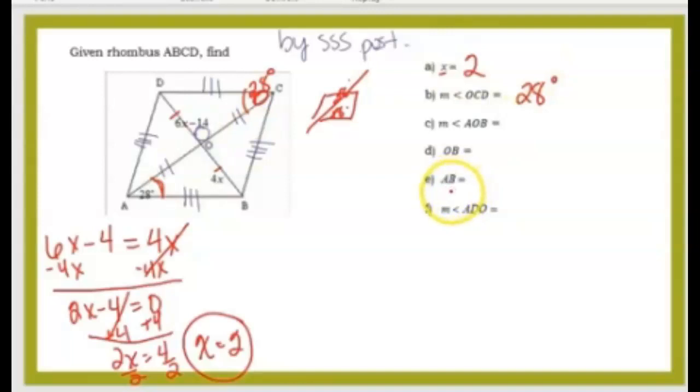All right, now let's find angle AOB. AOB is right here in the middle. And actually, we know that all of the angle measures on the inside are 90 degrees. And how do we know that?